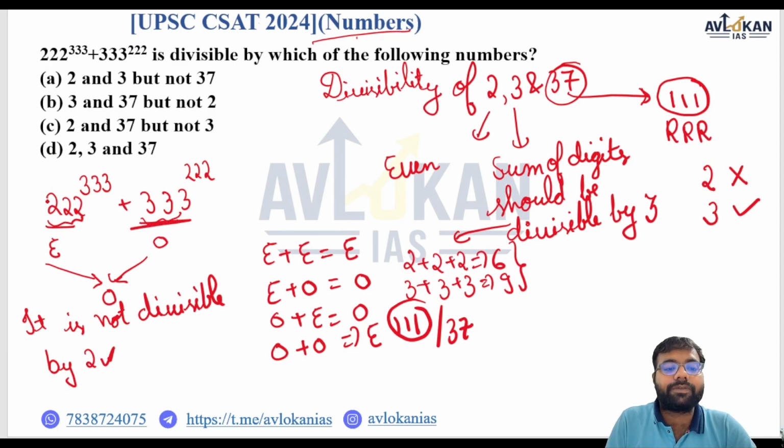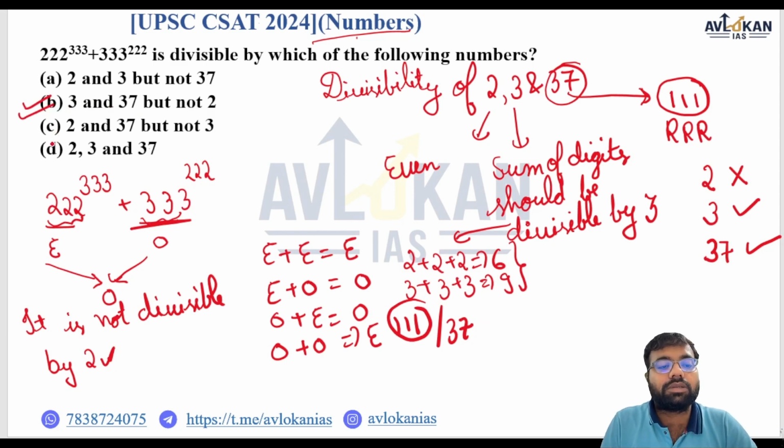So any power of these will give me 111 in some manner. So the summation of these numbers will also be divisible by 111, and when it is divisible by 111, it means it is also divisible by 37. So the answer is 3 and 37 but not 2.